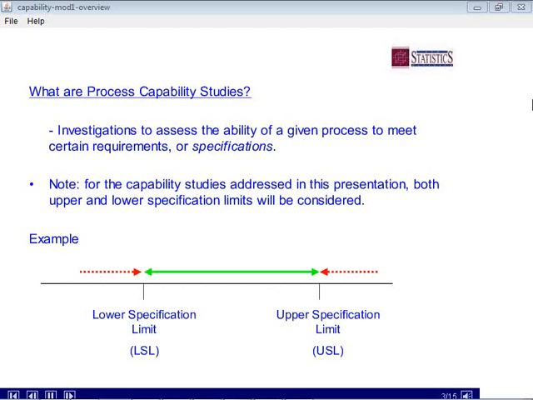It is acceptable. It is within the specification limit. If, however, what we are observing is providing a measurement that falls outside of these specification limits, either below the lower specification limit indicated with the red arrow on the left-hand side, or if it falls above the upper specification limit, of course the red arrow on the right-hand side, then we will say that we are not meeting specifications.